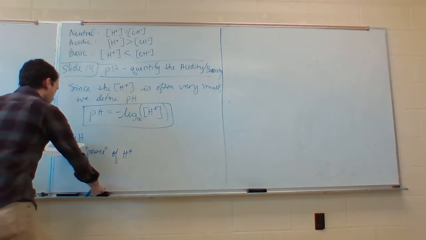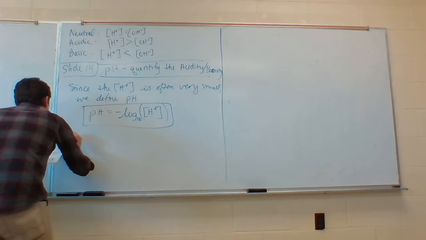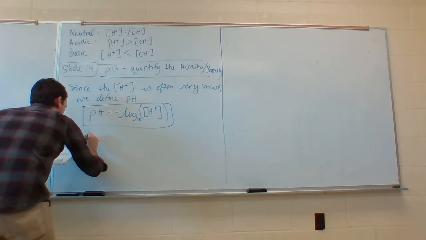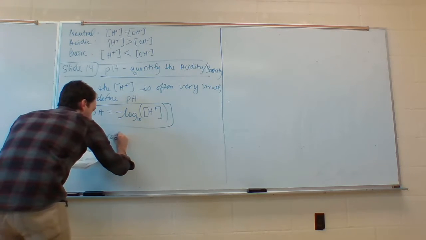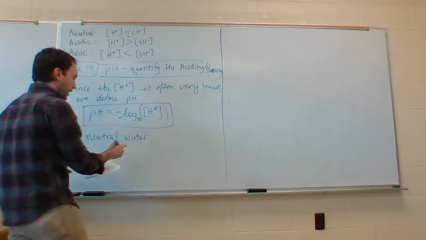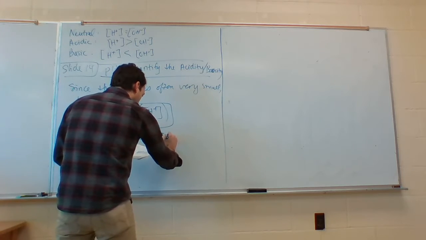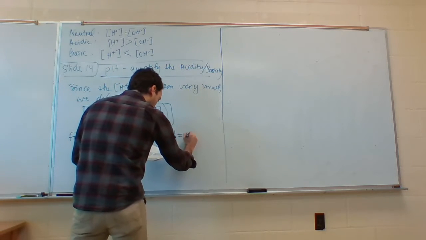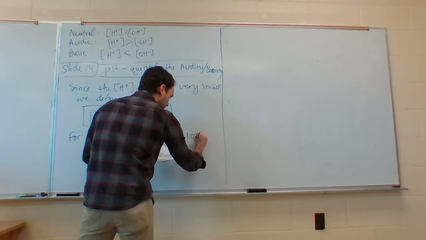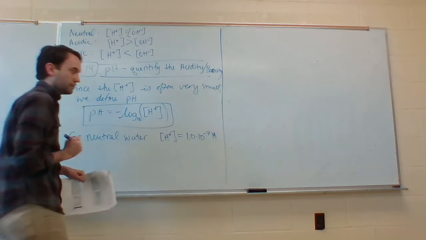Now, if we have neutral water, we said that our concentration of H plus was equal to 1.0 times 10 to the negative 7th molar.